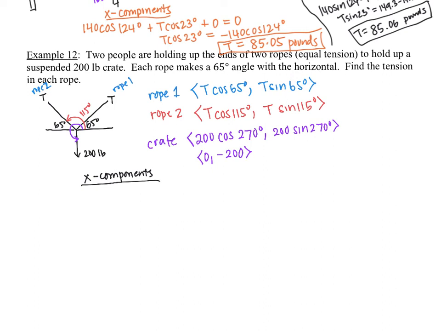So in the x direction, this plus this plus 0 must equal 0. Let me try to solve this. I'm going to get t cosine 65 degrees equals negative t cosine 115 degrees. Let me put it in the calculator and see if I can do anything with that.